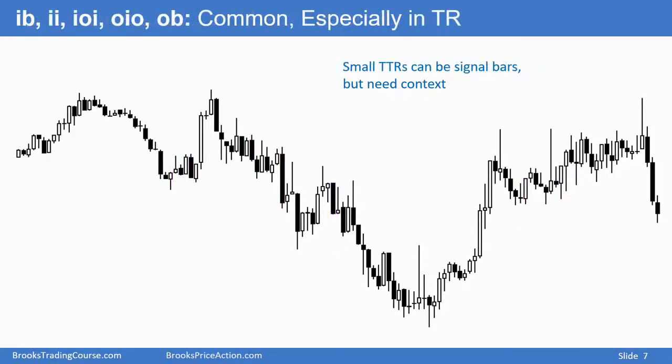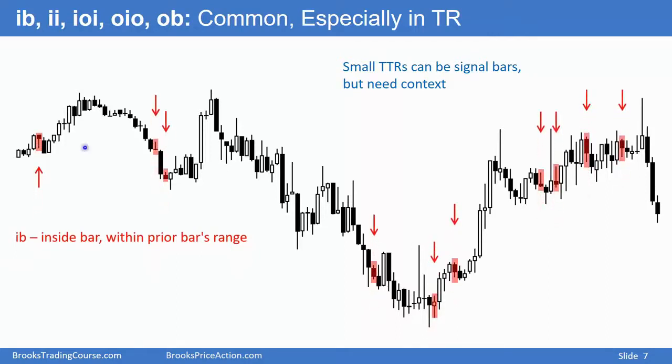But you need context. These small signal bars, these small tight trading range patterns, very common in trading ranges, and they do not have any meaning. But if the context is right, they can lead to a swing up or down. Inside bar, inside the prior bar's range. Here are several inside bars on this chart. II, consecutive inside bars.